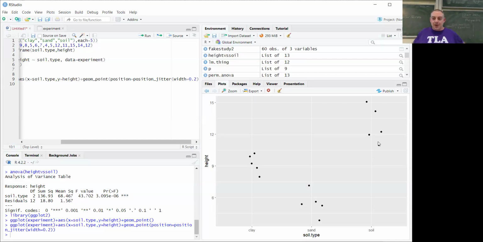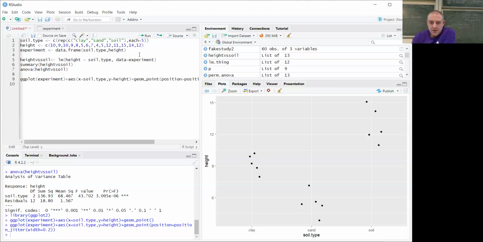And you can see that all the plants in the soil group are much higher than the others. I know, my mouse was on top of it. So none of these overlap at all with any of the other groups. So no wonder the p-value was so low. But if any of these groups overlapped a bit more, the p-value would have been higher. So if I had changed this, what's this one? Clay.